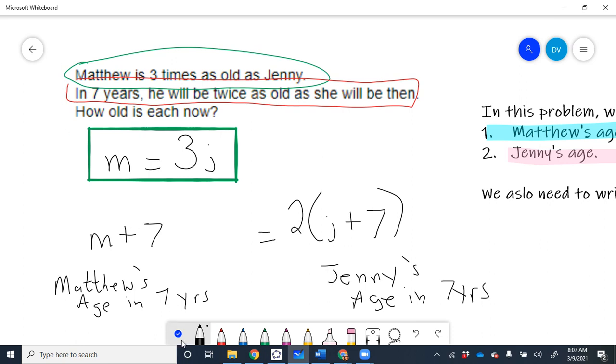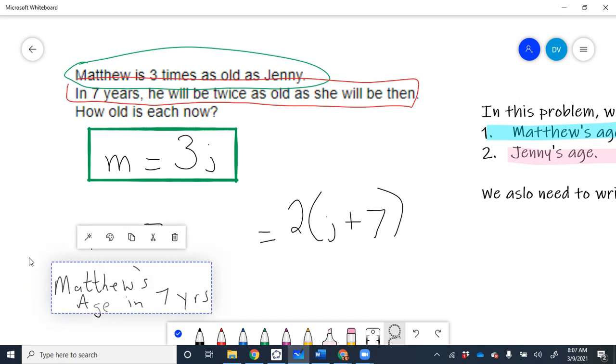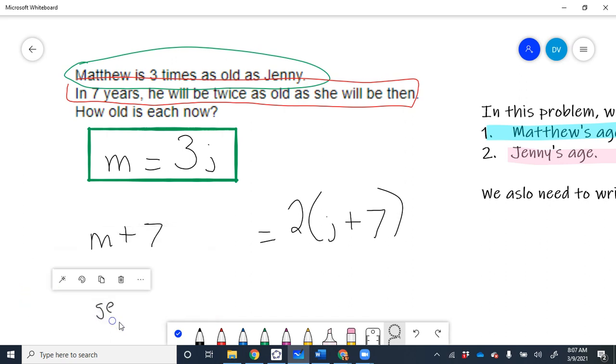I'm now going to erase those 2 little phrases that I put there. Get rid of those. And then we'll be able to deal with both equations. Okay. And we'll call that second equation the red equation.